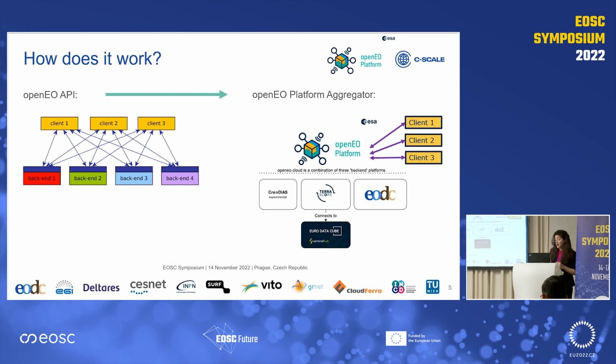So the added value that OpenEO platform brought is the OpenEO platform aggregator, which is again this federation of the providers, and now users do not need to pick the backend they need on their own. Instead, they authenticate towards the aggregator layer, and they are allocated to the right provider depending on their needs. So now we have a single entry point.